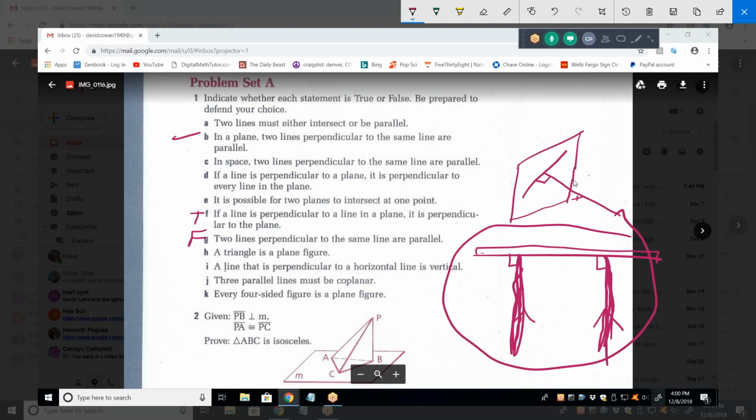The question is, are these two lines parallel to one another? I guess they're not, because I think the definition of parallel means they have to be in the same plane. So if you assume that they don't necessarily have to be in the same plane, then no, they're not parallel.